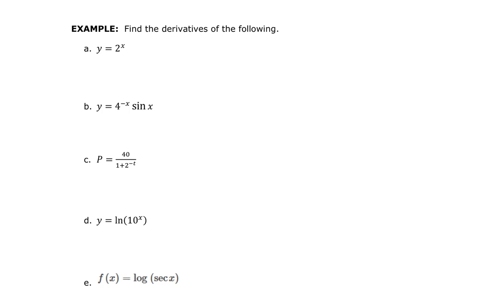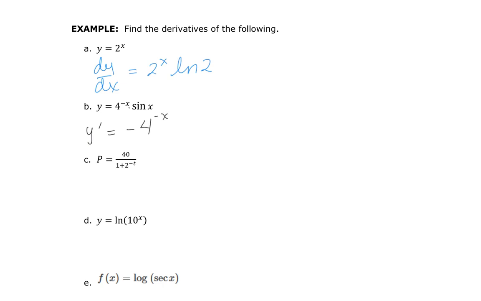If I'm asked to find the derivative of y equals 2 to the x, dy dx, or y prime if you prefer, is going to be equal to 2 to the x, the natural log of 2. I don't have to multiply by the derivative of x because the derivative of x is 1, so I guess I kind of am multiplying by the derivative of x. If we take a look at b, I have a product rule I have to do, so y prime is going to be equal to negative 4 raised to the negative x.